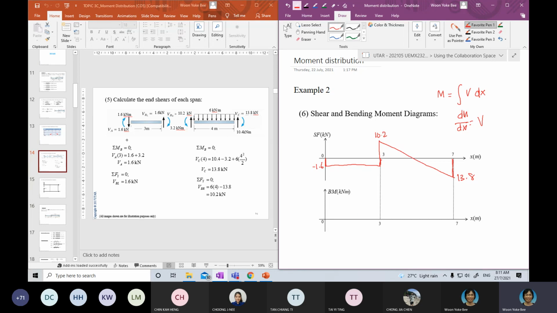If you look at your internal moments here, the moment is positive 1.6, because your moment is 1.6 kilonewton meter.